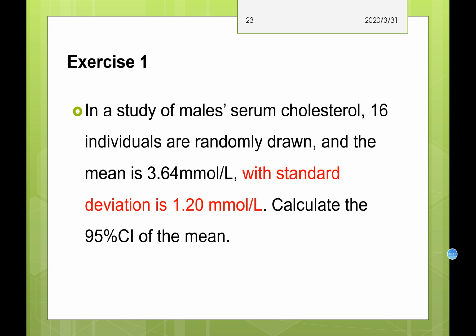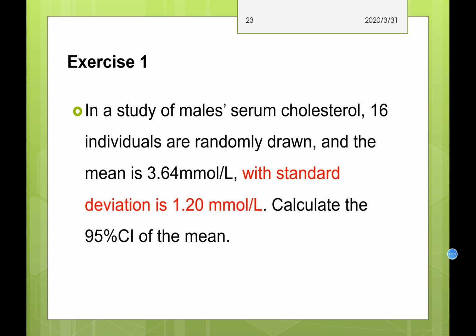And you need to remember the formula for t, and we have learned the method of hypothesis test based on t and confidence interval estimation based on the t distribution. You need to remember the formulas for both of these methods.